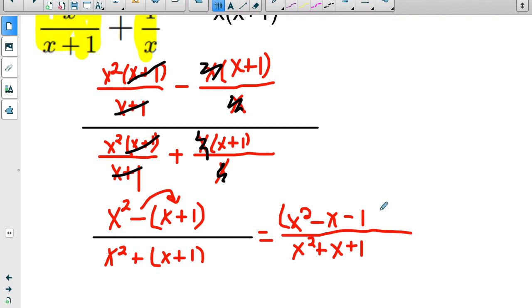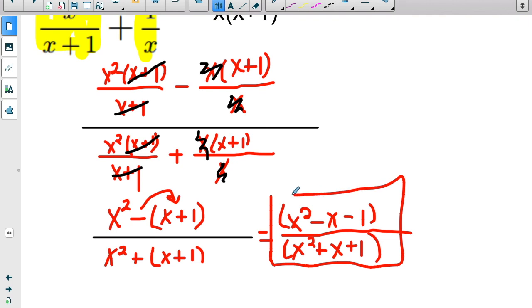Now it'd be very tempting to try to cancel things out that are in common, like the x squared and x squared. But they don't cancel because they're being added and subtracted with the other terms in the numerator and denominator. So we can't just simplify those out. And this here, the numerator and denominator do not simplify. So this here is our final answer.